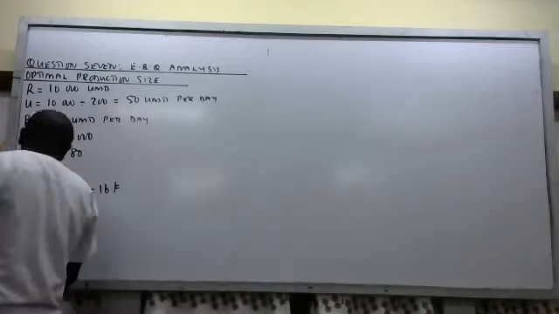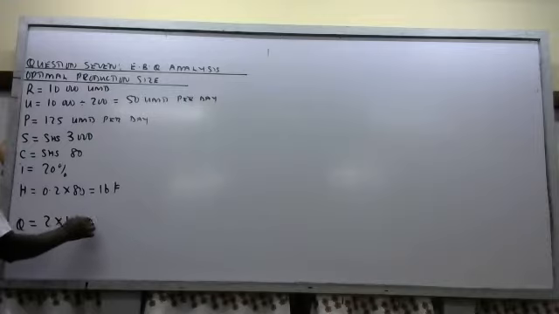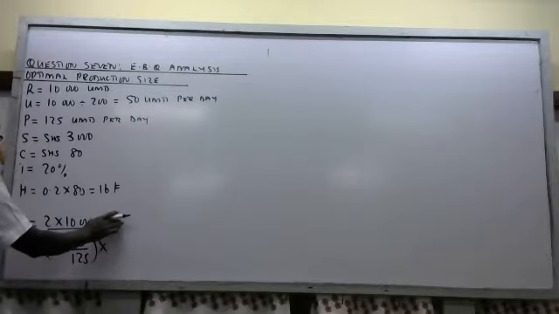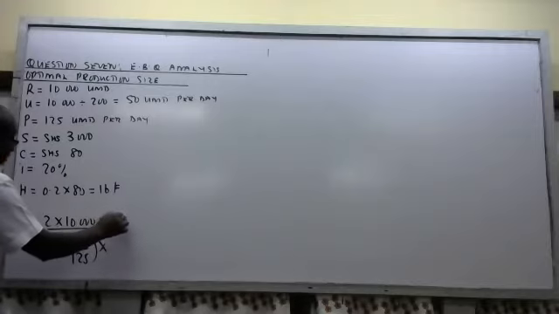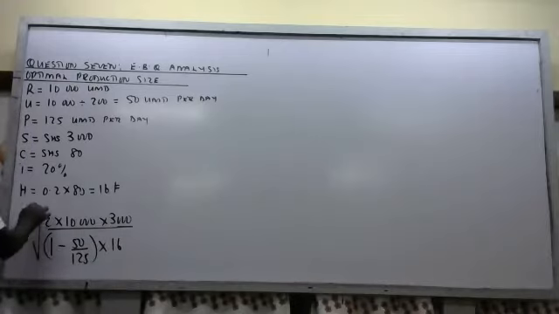So with that, we are in a position to say our Q should be the square root of 2 times 10,000 multiplied by 3,000, divided by 16 times 1 minus 50 divided by 125. Do that and send me the answer.